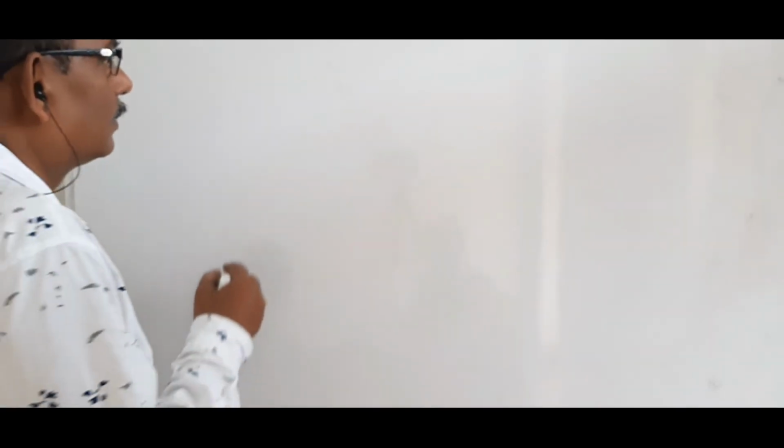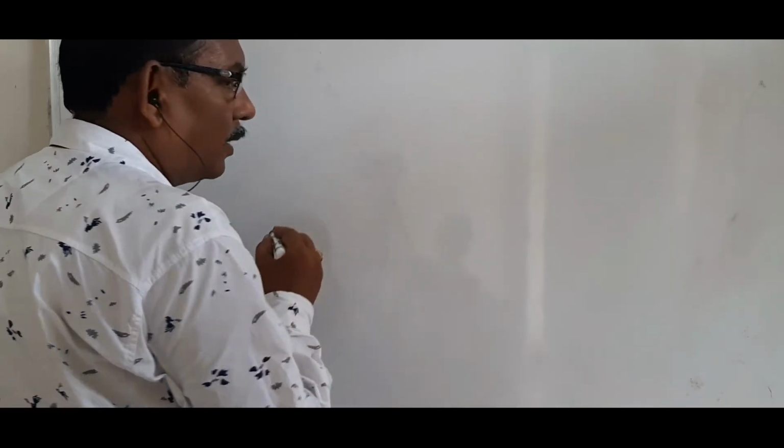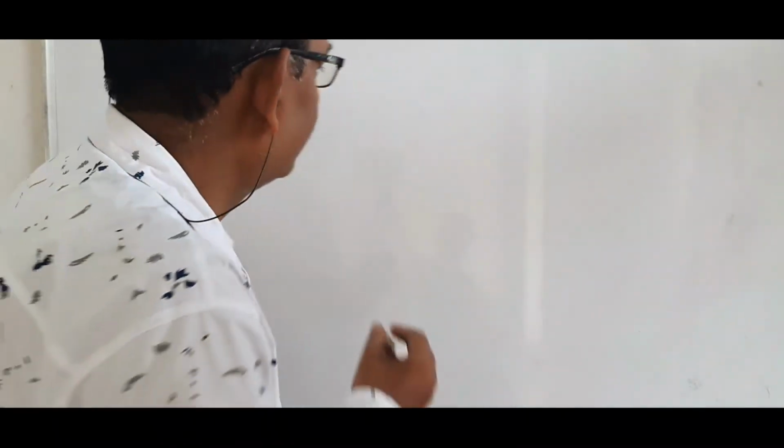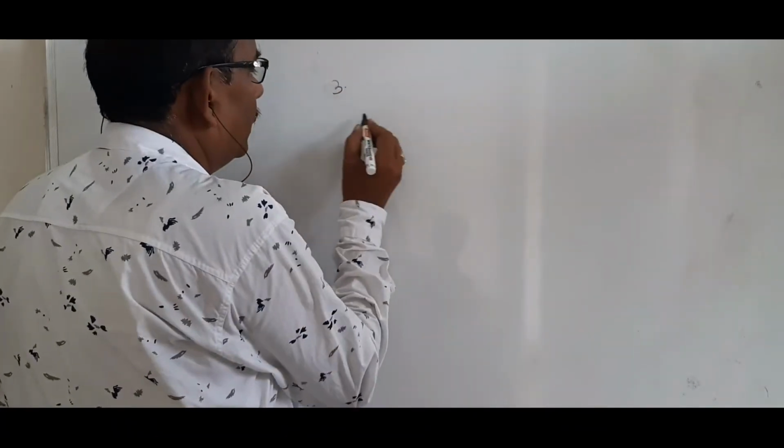Now here it is to calculate the final result for the product of two measured values. So this is number 3.